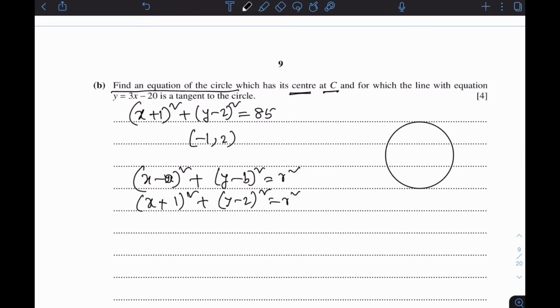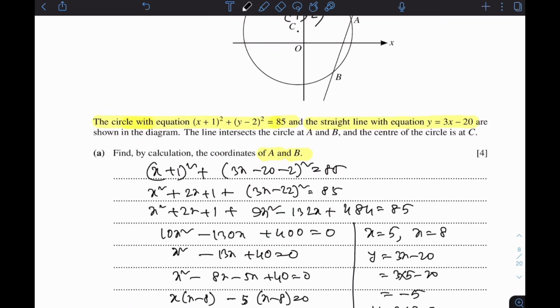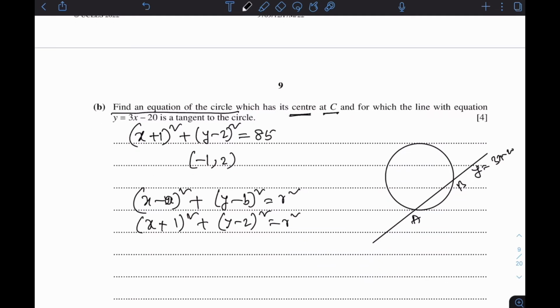So this is r², and y = 3x − 20 meets at A and B, as it is given in the question. And its center was (−1, 2). Draw the radius of that circle. It will be perpendicular to that tangent.